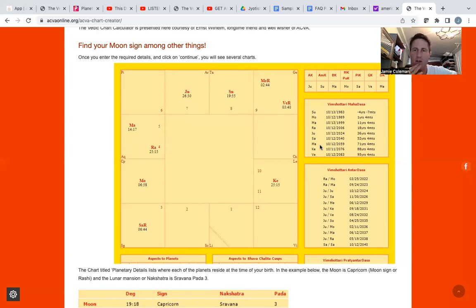But this is, again, a system that's been around for 5,000 years. It has stood the test of time. The other forms of astrology, Western and otherwise, really branched off of the Vedic tradition, which originated this system of observation of the heavens and the subtle energies. It's a wonderful technology.